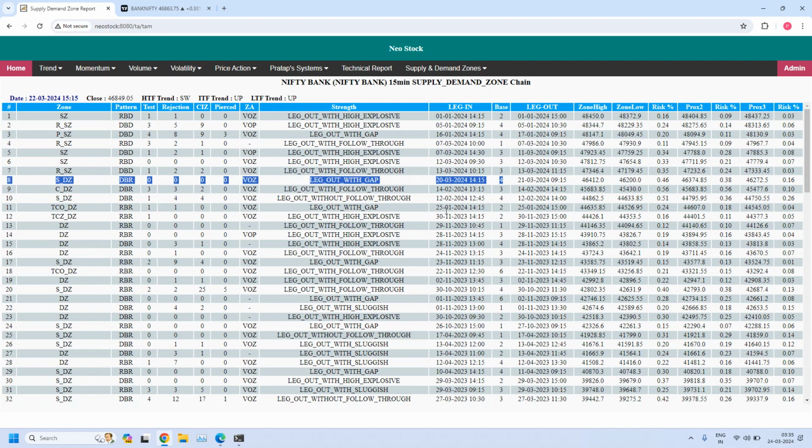Last week prices didn't enter into this zone. It is still a fresh zone. So 23/11/40, 23/14/15, having 4 base candles.